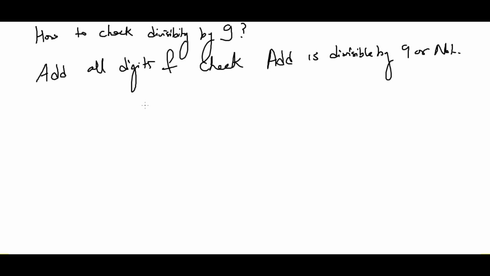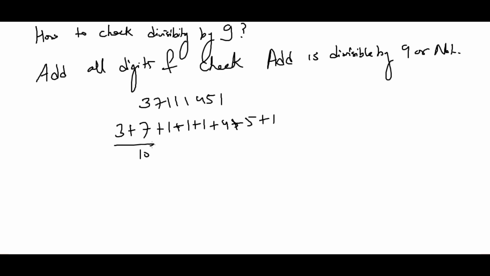Like if I get a number 371111451, then what we have to do is add all these: 3 plus 7 plus 1 plus 1 plus 1 plus 4 plus 5 plus 1. 3 plus 7 is 10, 10 plus 1 is 11, 11 plus 1 is 12, 12 plus 1 is 13, 13 plus 4 is 17, 17 plus 5 is 22, 22 plus 1 is 23.